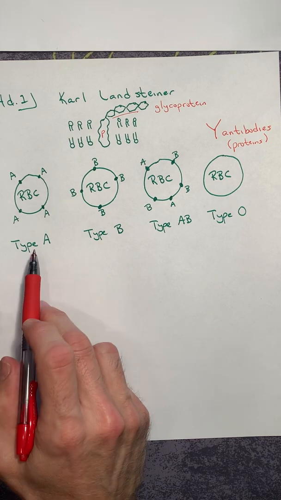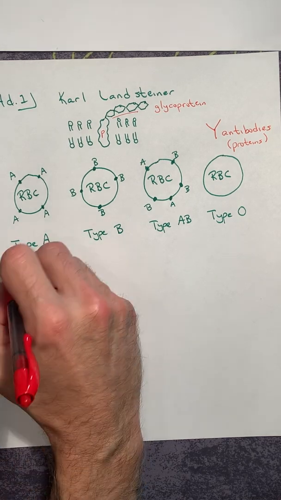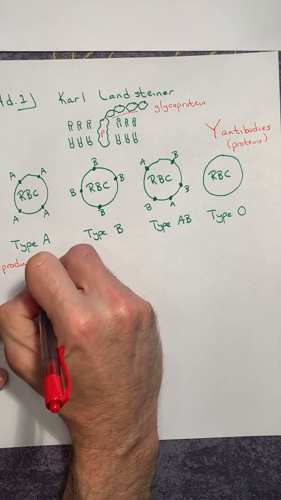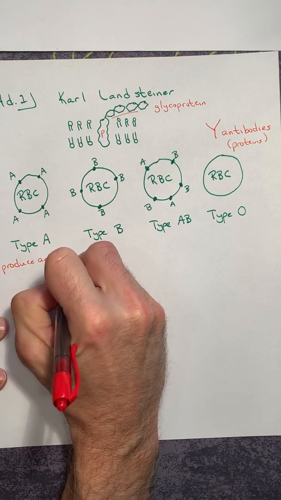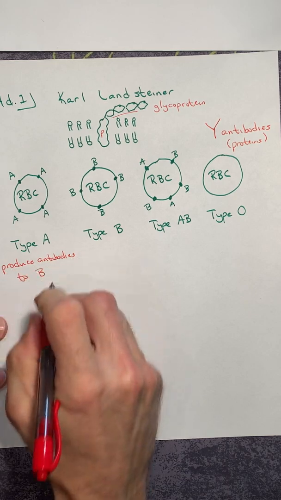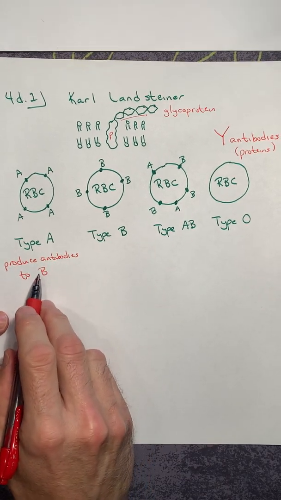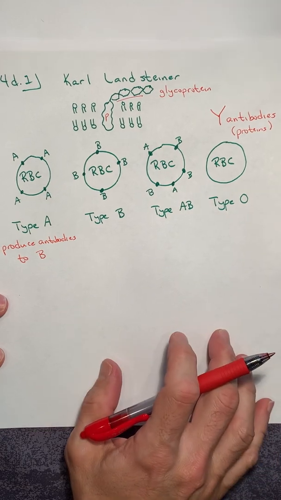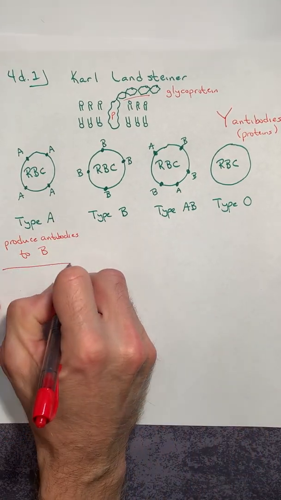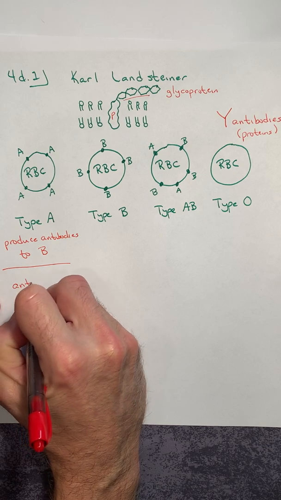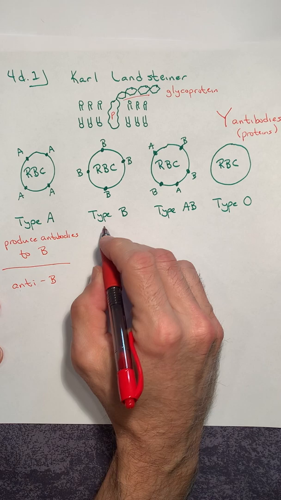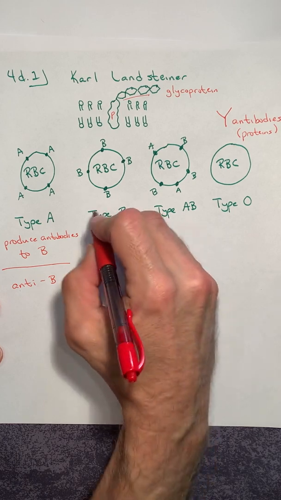So, anyone who has type A blood, what they will do is they will produce antibodies to B, because this is not you, right? If you're type A, B is a foreign protein. Therefore, we say that you produce anti-B. Well, let's say that you're a type B blood.